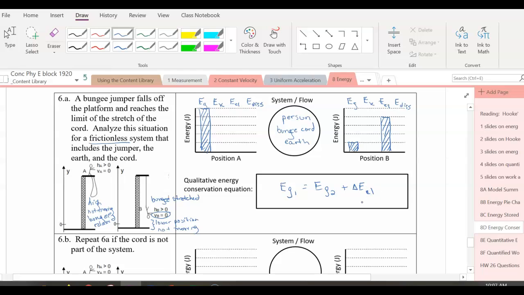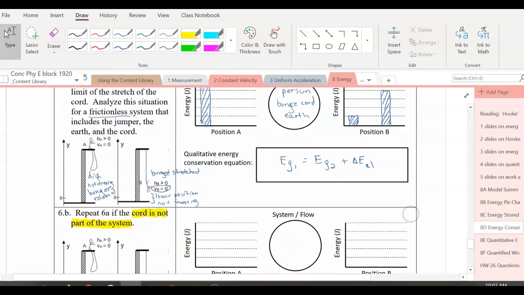Okay, there's a part B of this problem which says repeat it, but now the cord is not part of the system. Okay, so I've only got the person and the earth now in my system.